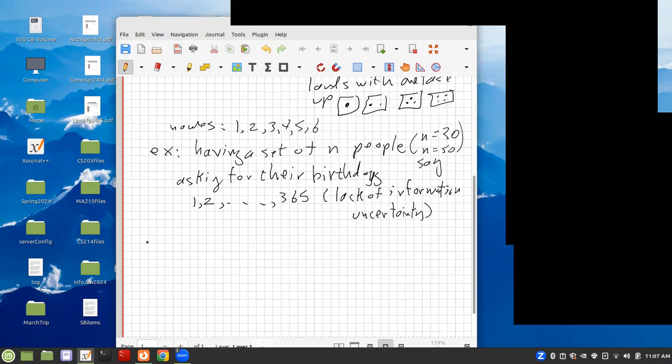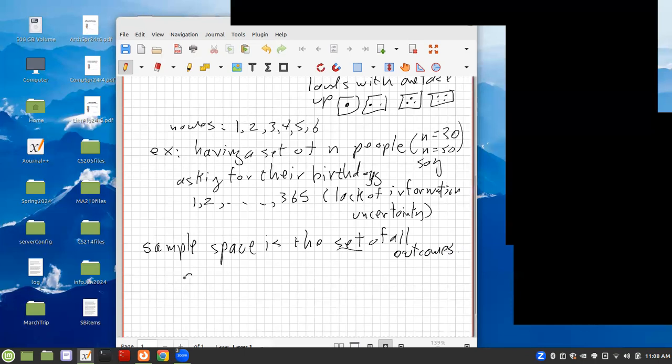We define the sample space as the set of all outcomes. Usually we identify the set and talk about it in terms of the names of the outcomes.